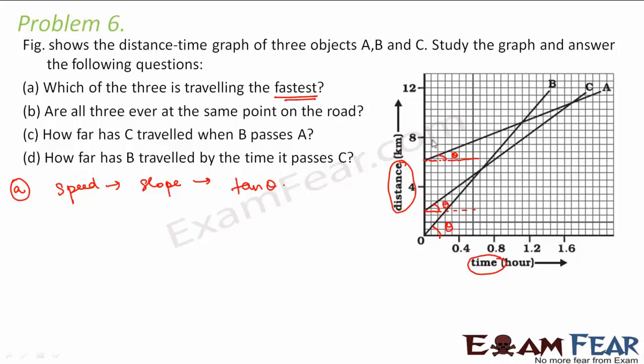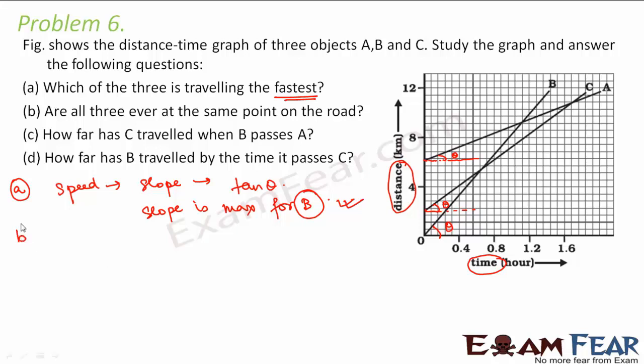So if you compare the thetas, theta for B is maximum, right? Therefore, slope is maximum for B, and therefore B is the one who will be traveling the fastest, right? So just by looking at the graph, we could say which of the three will be traveling the fastest.